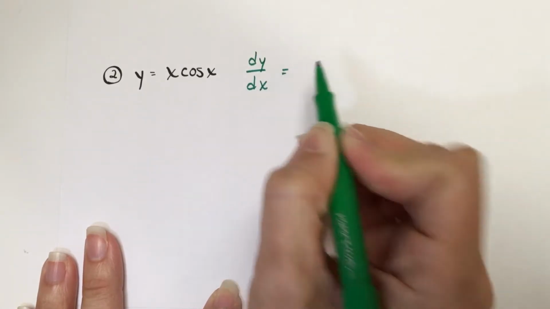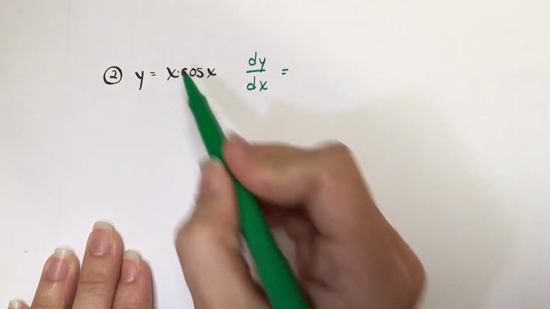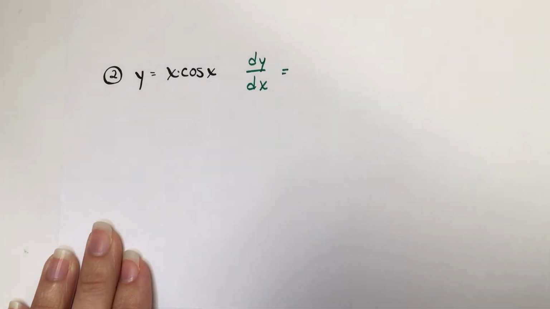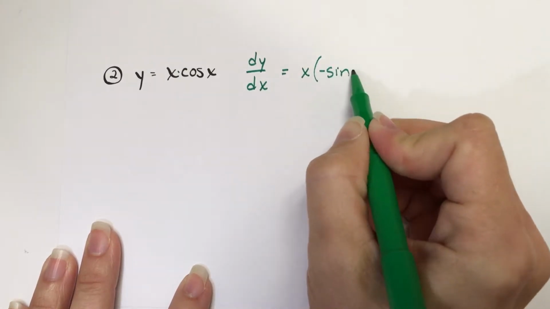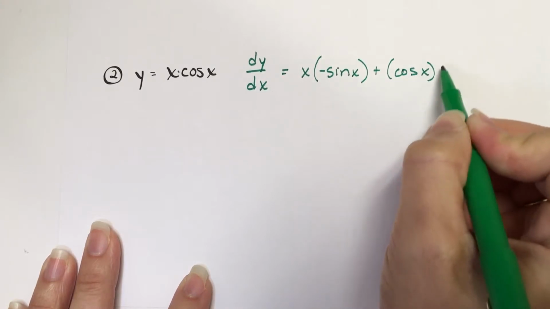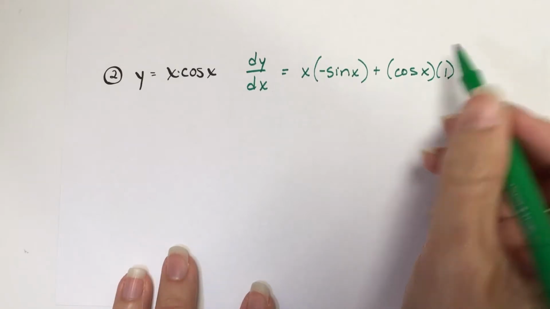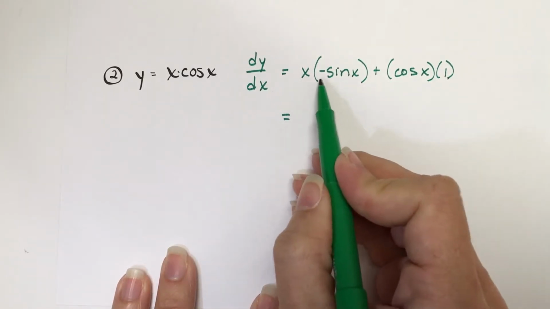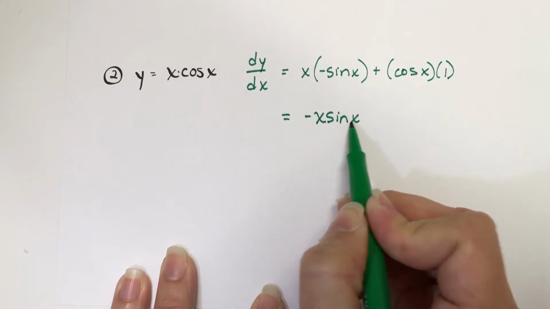Okay, next. Now, finding your derivative here is going to require that you do your product rule, because you have x times cosine x. So first function, derivative of second function, plus second function, derivative of first function. So I could just rewrite this first term as negative x sine x.